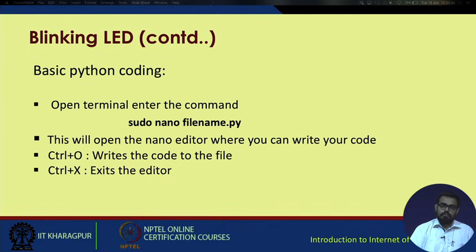So this will open a new terminal on your system on which you can write your code, Python code. Since the extension of your file name is .py, you have to write your code in Python. And once your code is ready, you press Ctrl+O. This will write the code to the file, and you exit that Nano editor by pressing Ctrl+X.